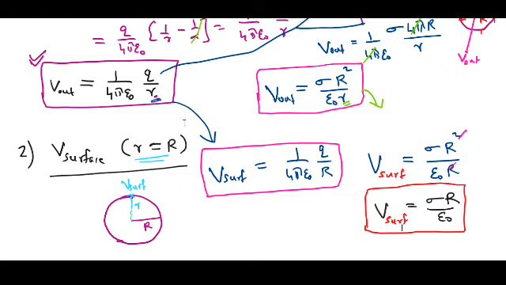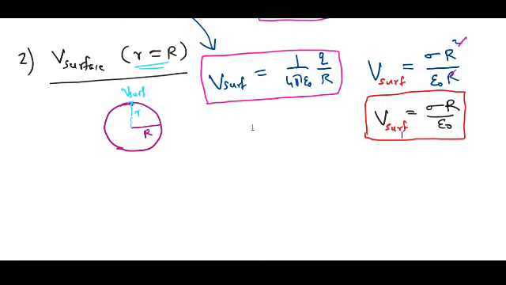Fine. Now the other way: we have to calculate the electric potential at the surface, therefore the reference point should be infinity. We have to come from infinity.